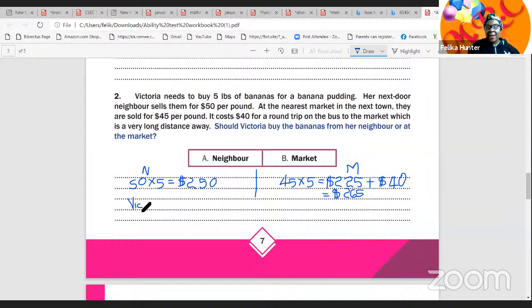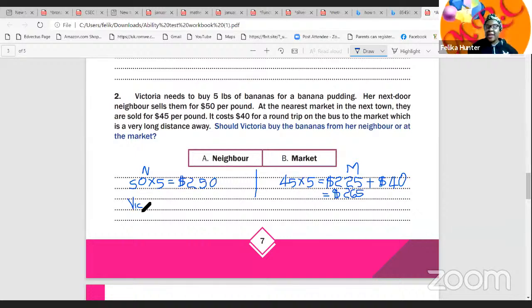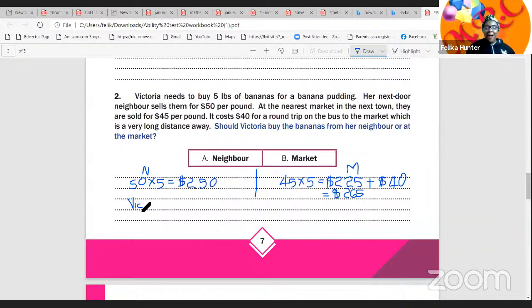Why should she buy the bananas from her neighbor, Lilies? Miss, because it will cost her $10 less than the market. Not 10, check again, almost there. $15 less. Awesome. And that's the exact way that I would put the last part.